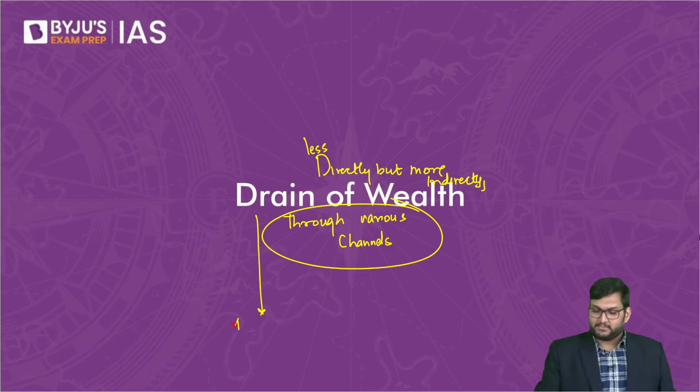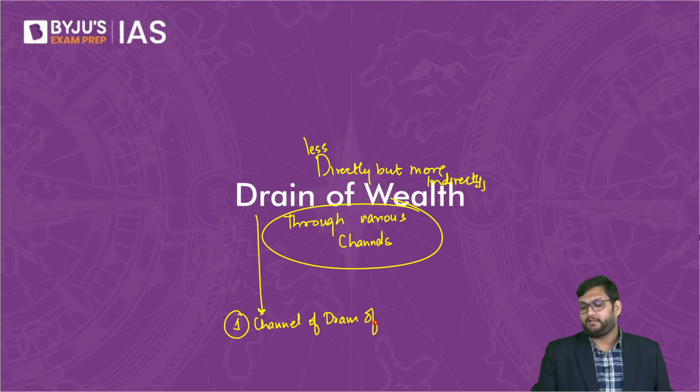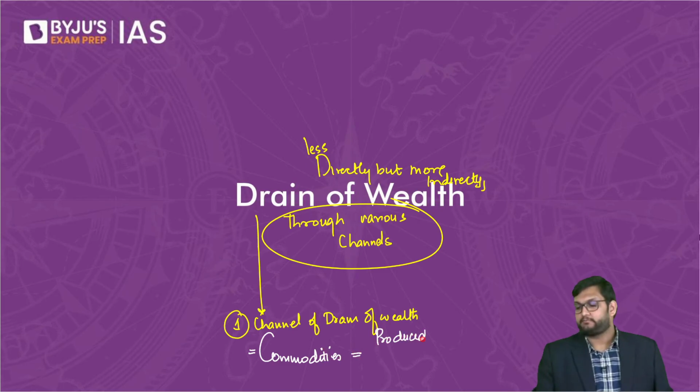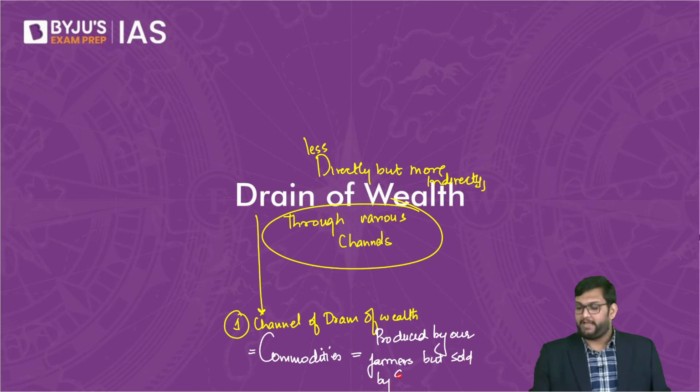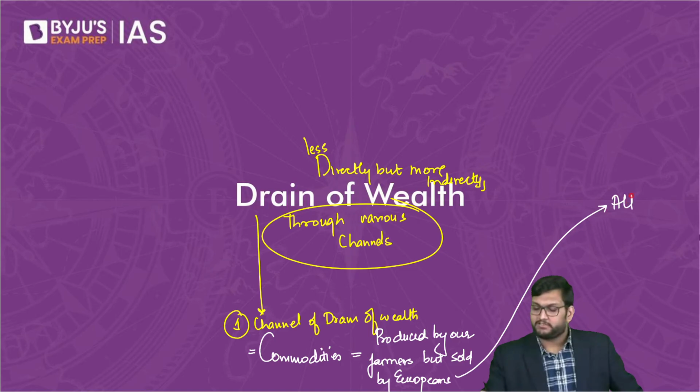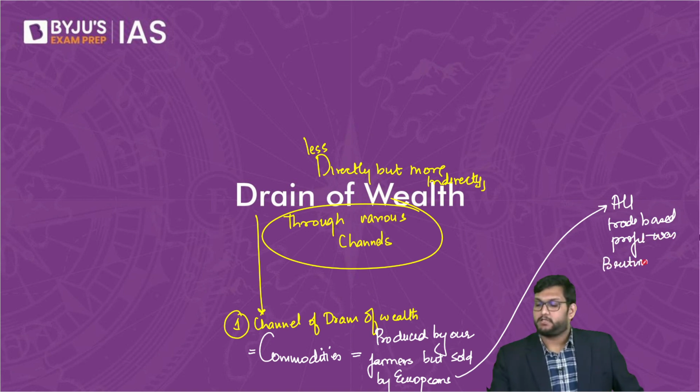The first channel of drain of wealth was commodities. They were produced by our farmers but sold by Europeans. So basically, all trade-based profit went to the British merchant.